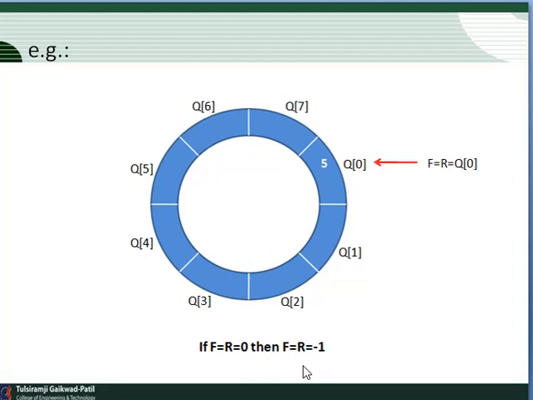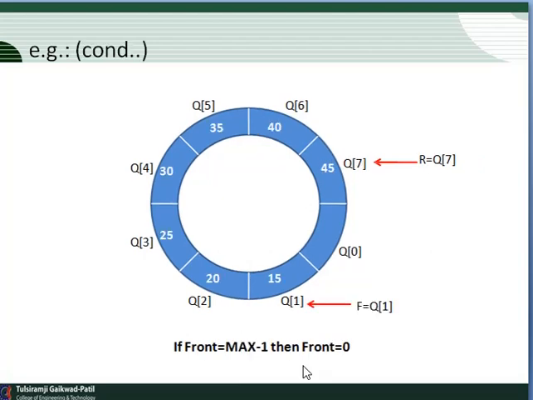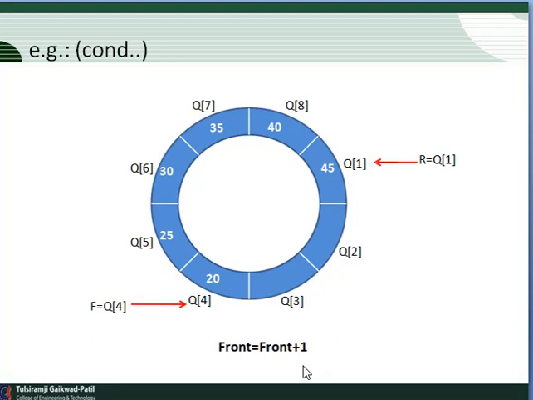If front is equal to rear is equal to Q0, we can definitely perform the deletion operation. If front is equal to maximum minus 1, then front is always equal to 0 in that case, and we can perform the deletion operation there. As I have already said, if we want to perform the deletion operation, the front gets incremented by 1.